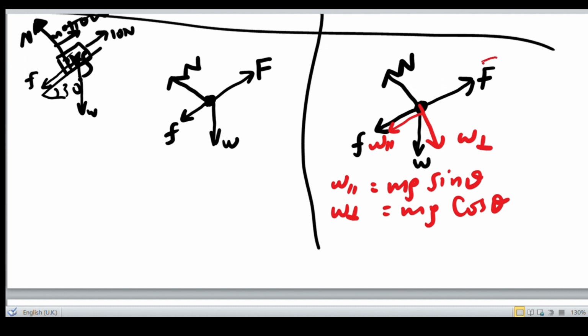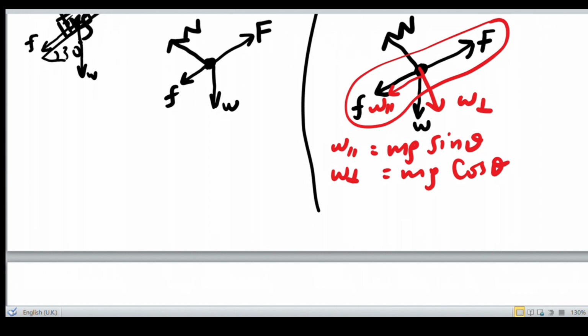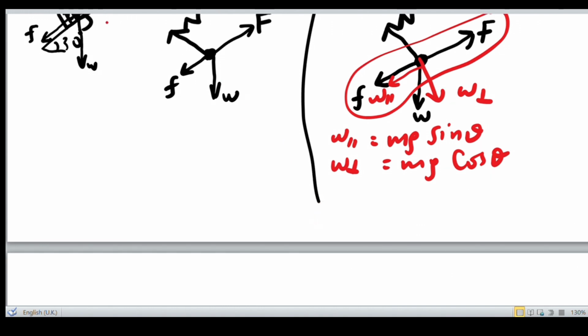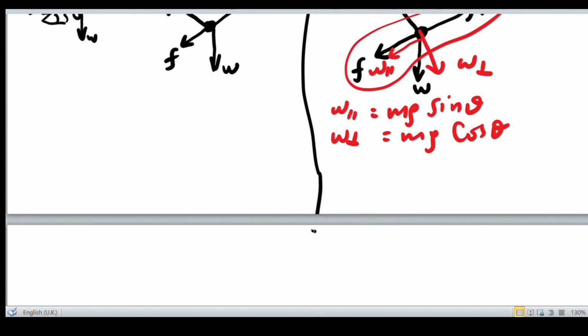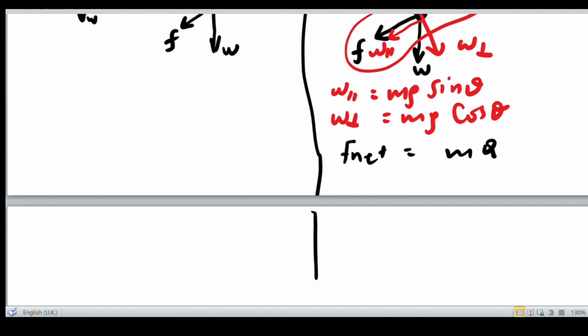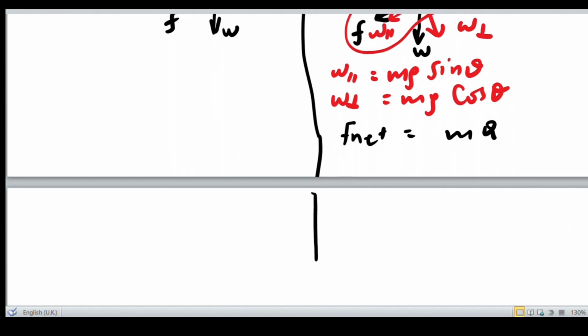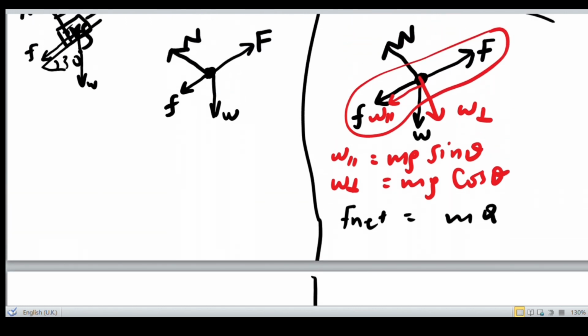Okay, so now here we do the same thing. Forces that are collinear, so these forces are on the same straight line. We make our net force. So F net is equal to ma. If you look here on the free body diagram, we have the friction, W parallel and F applied.